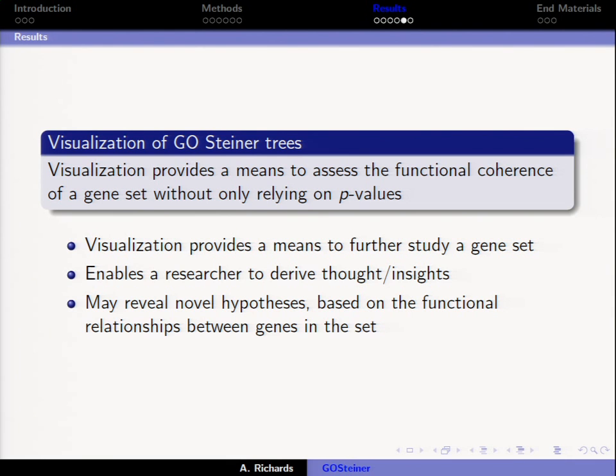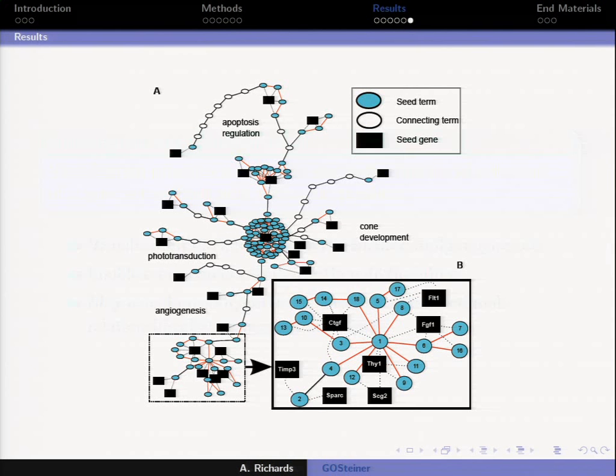And one thing really important to stress is that visualization is extremely important. One thing it does is allow us to derive insights that reveal novel hypotheses and so on. This is a cluster that is derived from the retinal duration model, and what we see here, I want to point out, is a gene, again the black square, with a large number of mutations, and it might be interesting to look at for that reason.